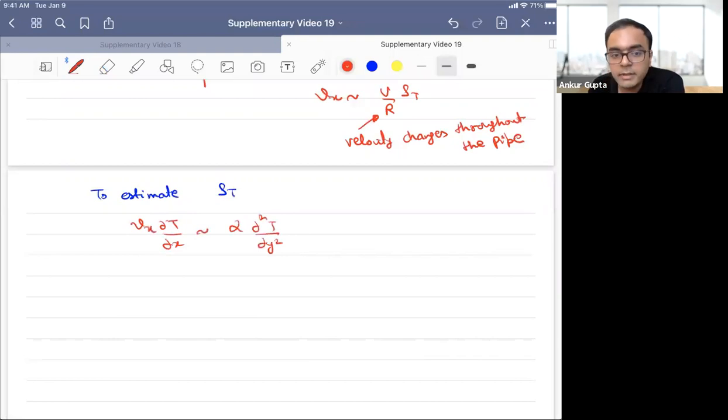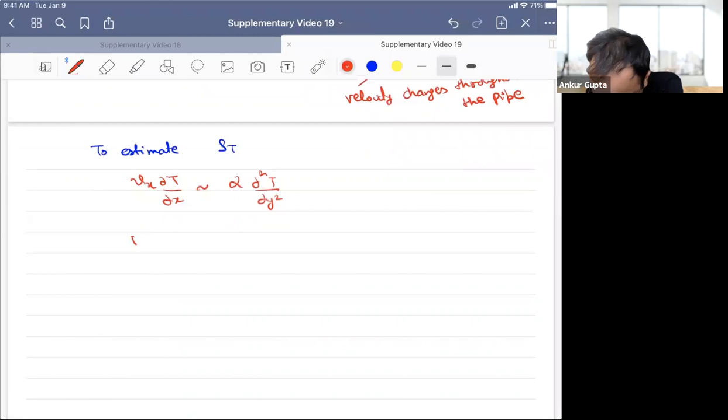There will be a term Vy del T by del y, but that has the same scale as Vx del T by del x. And on the right hand side, we will basically only get the normal direction, because delta T by R is much smaller than 1. I invite you again to check out his lectures and see that. But this is what you always get, and essentially you will get here U delta T by R.